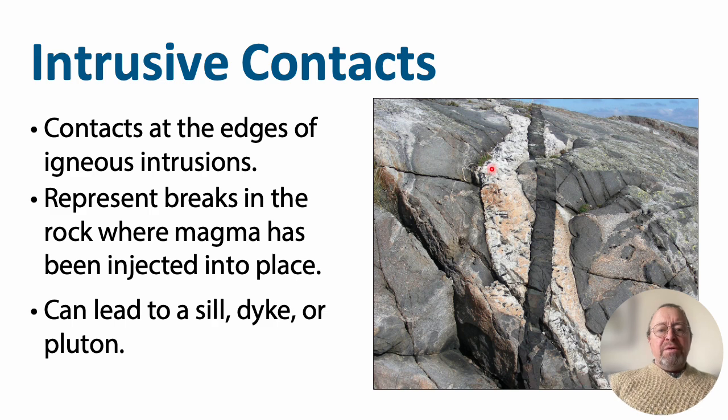We've got the grey rock in the background, that was the original material, and it was broken, and this white looking stuff has been intruded in there in the first stage, and secondly it's been cross-cut by the black thing here, which is called a dike.